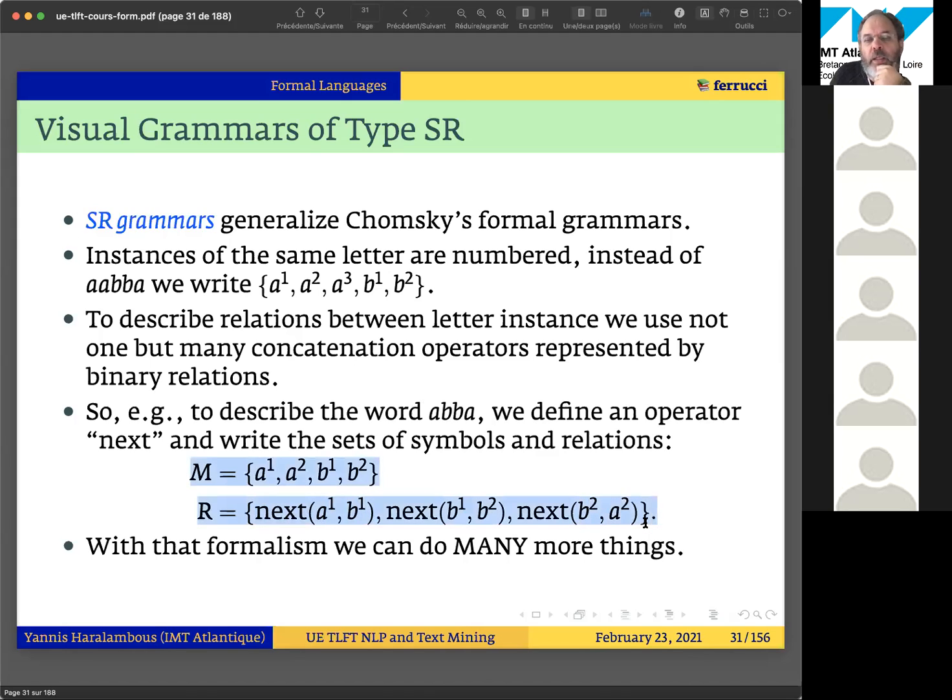And this is equivalent to the description of the word Abba, where I have two occurrences of letter A, two occurrences of letter B, and the fact that the first B follows the first A, the second B follows the first B, and the second A follows the second B. So in here, there is no more information than in there.